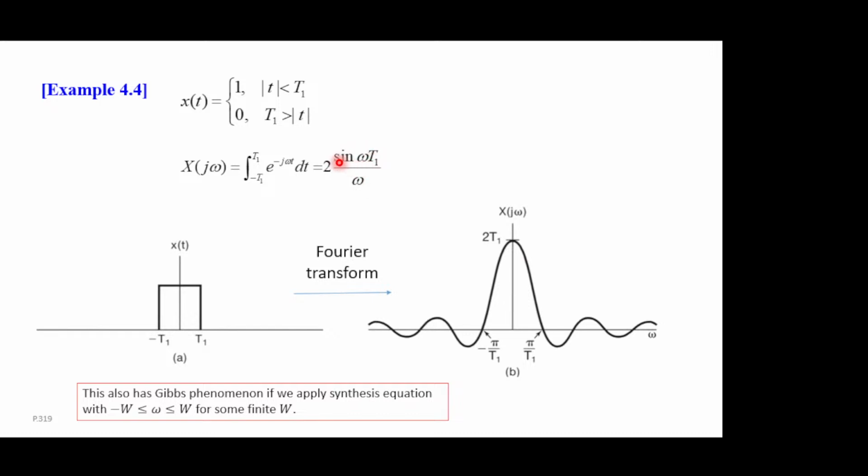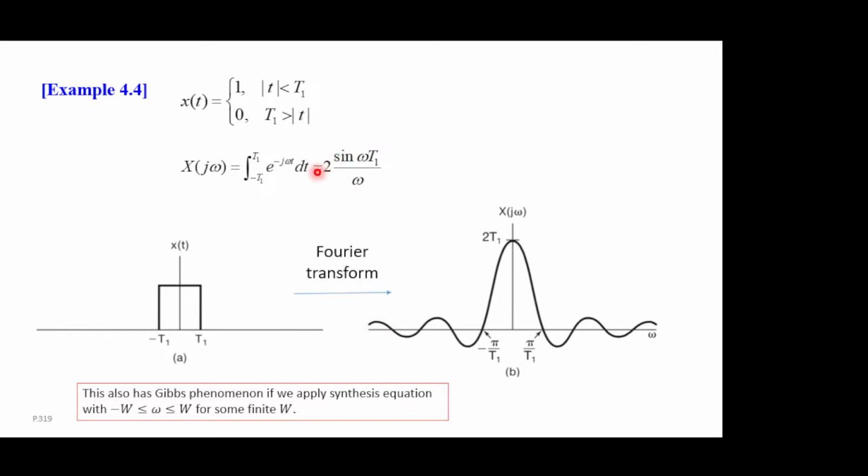And if you have sine omega t1 over omega, it will be t1 if you do the limit. You can also check that if you take omega equals 0 here, that's just 2t1. So we assume we can take the 0 over 0 here by just having t1, and we don't write this in cases, so we're being a little sloppy.